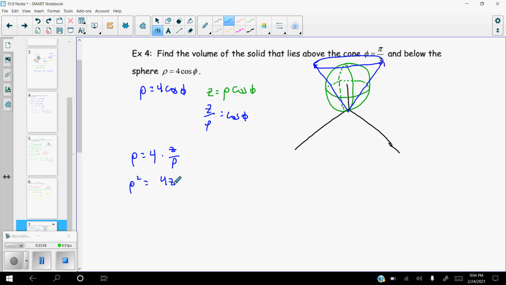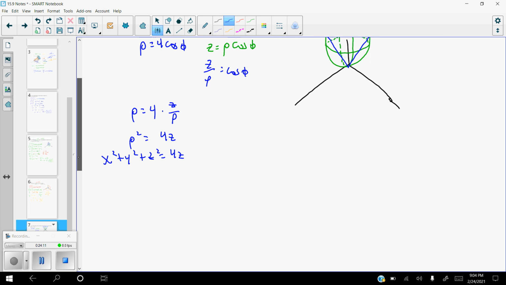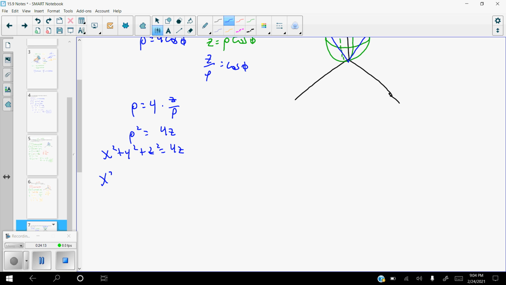Well, rho squared in Cartesian is x squared plus y squared plus z squared equals 4z. Okay, if I subtract the 4z over to the left-hand side, I get x squared plus y squared plus z squared minus 4z equals 0.